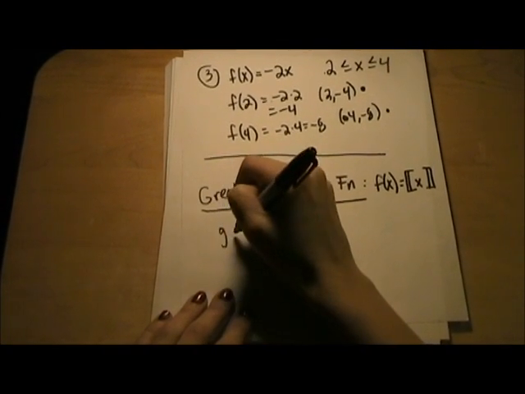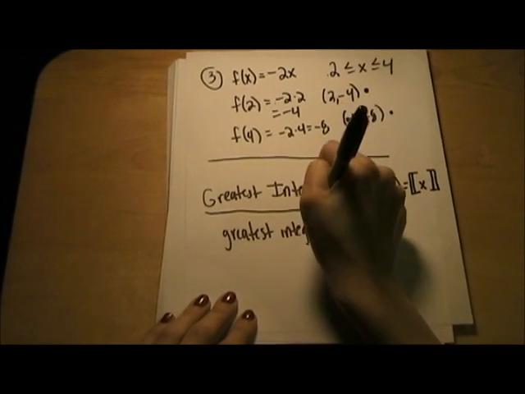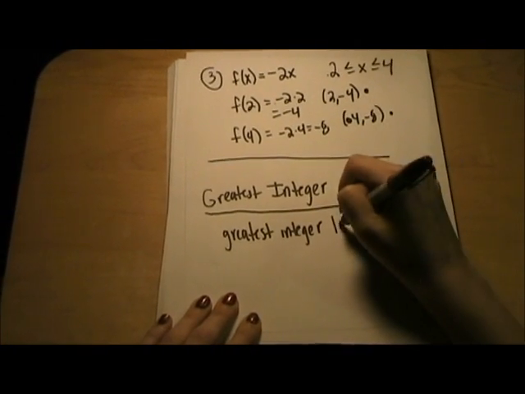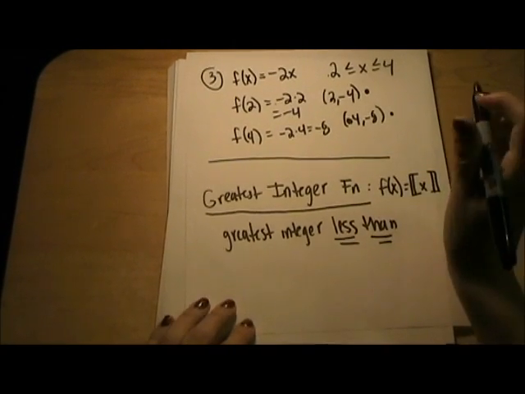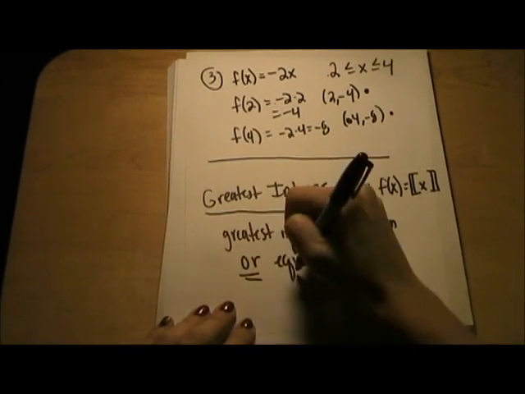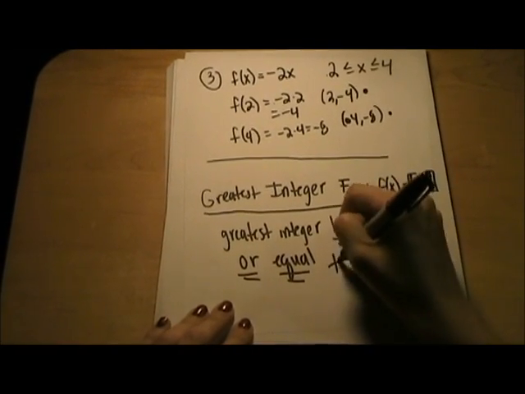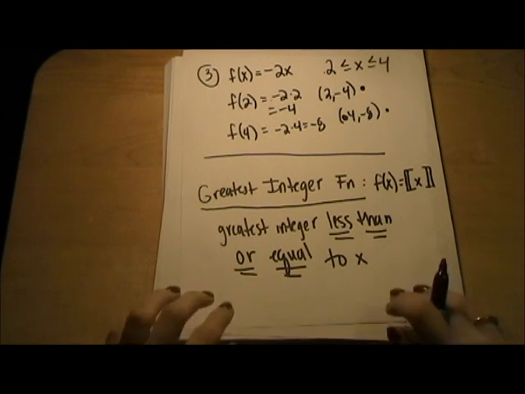And this just means that it's the greatest integer less than or equal to x. It's the greatest integer less than or equal to x.